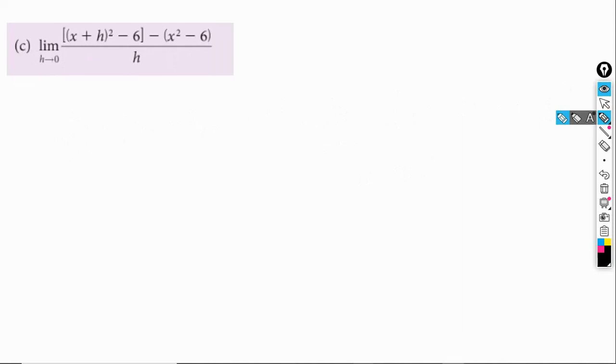So here we are now on part C. And this is the limit they ask us to find, and this is as h tends to 0. Now, notice we can't really plug in 0 because if we plug in 0 here, then this would become undefined. So what we need to do is to expand and see if we can simplify this expression. So let's rewrite this as limit as h approaches 0 of this expression.